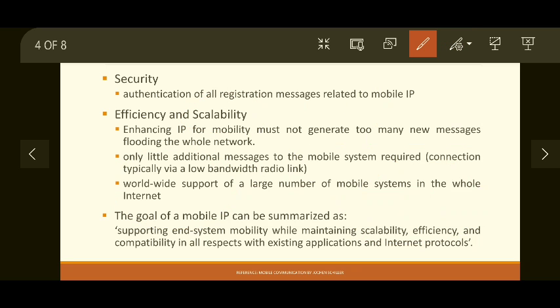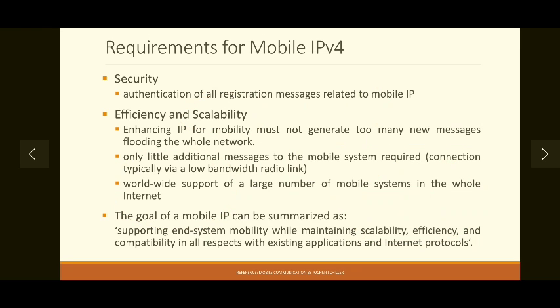So these are the primary four requirements of mobile IP. We can summarize these requirements in a single sentence as: mobile IP is a mechanism which supports end system mobility. Remember, end system mobility, not the front system, that is the starting system.